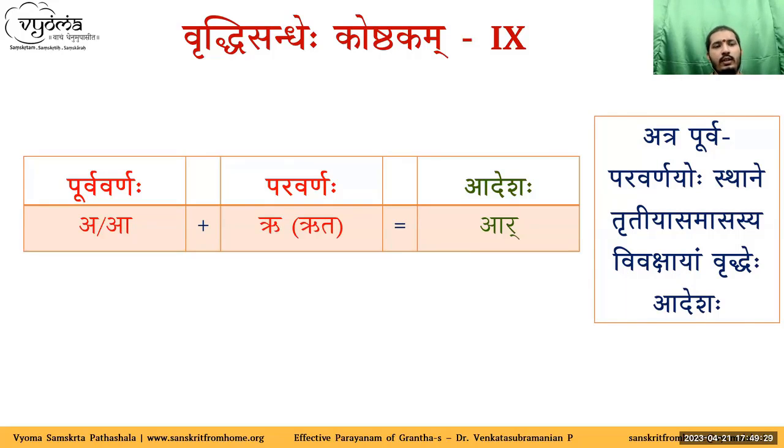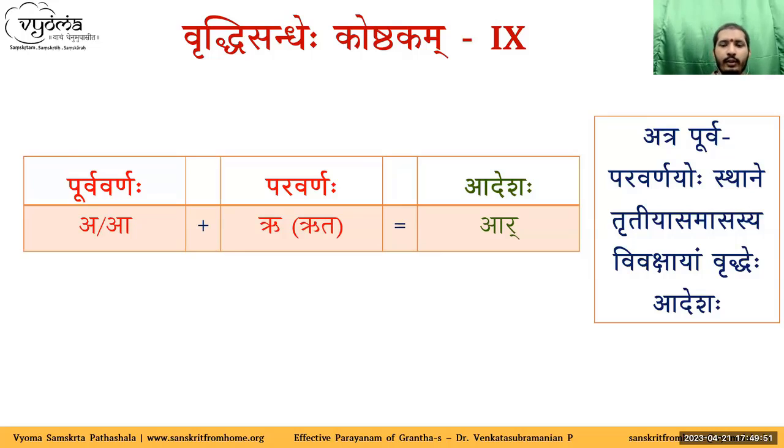But there is another point to note: this Sandhi, the purvarna a or aa and the paravarna r of the rita shabda, only occurs when there is a Tritiya Tatpurusha Samasa.